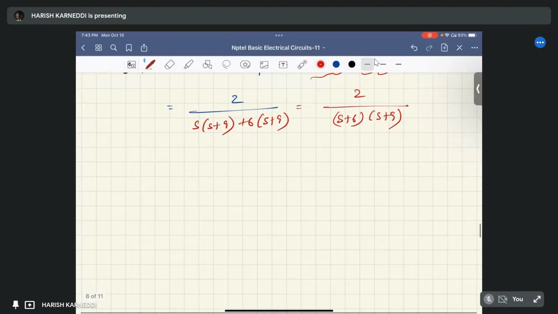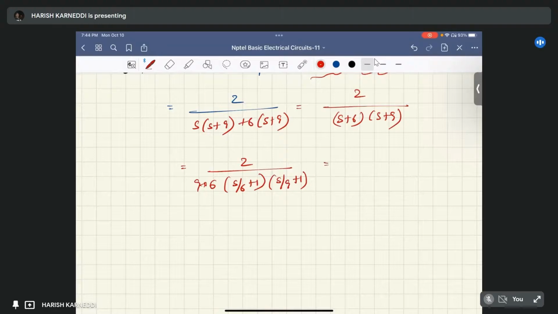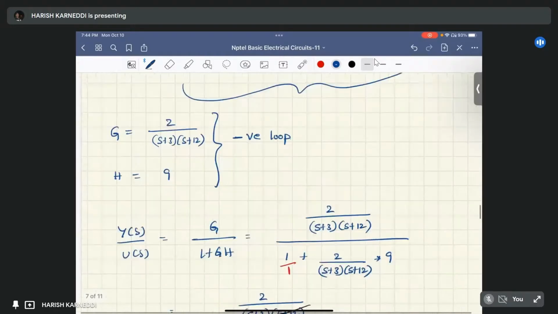The fraction will be 2 by 6 into (s by 6 plus 1), and taking 9, it is (s by 9 plus 1). 6 into 9 is 54, and 2 over 54 is 1 by 27. So it is 1 by 27 into (s by 6 plus 1) into (s by 9 plus 1).